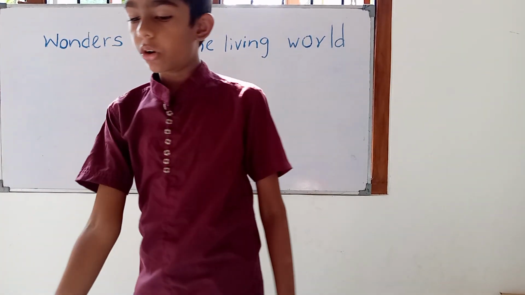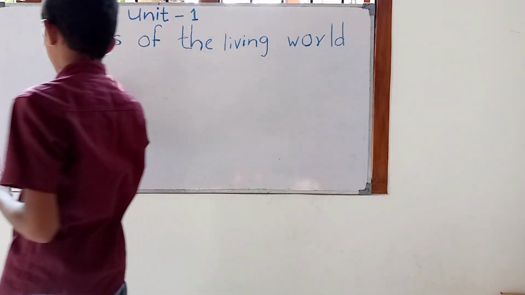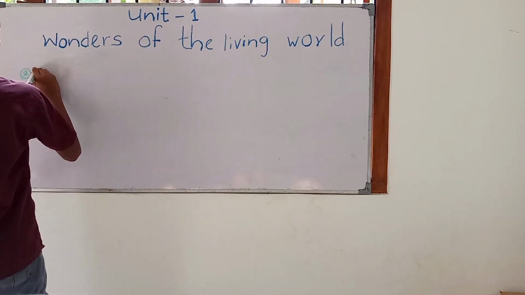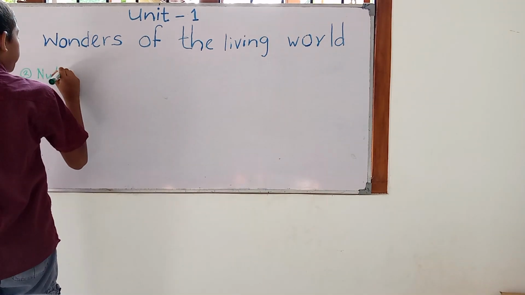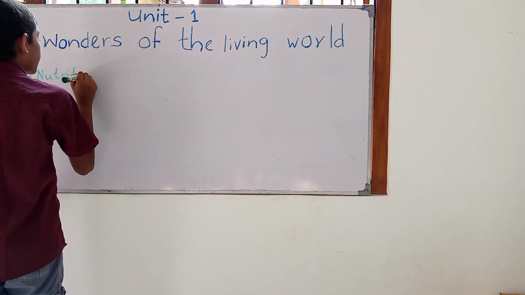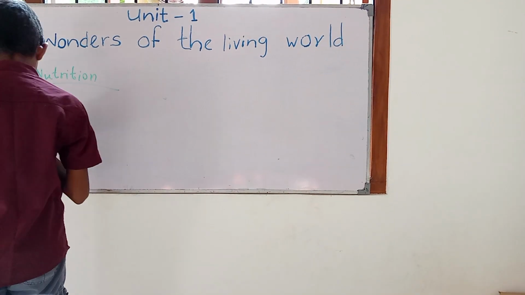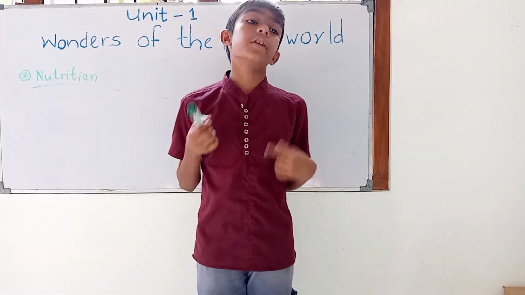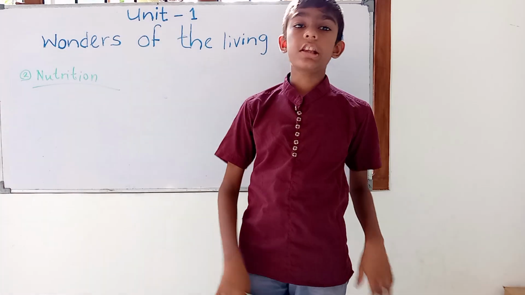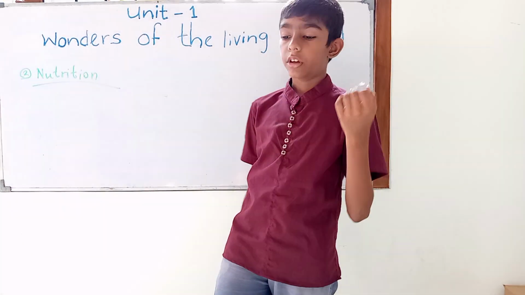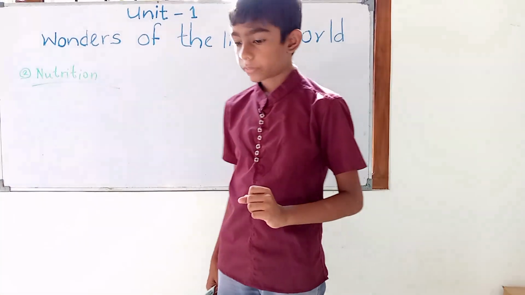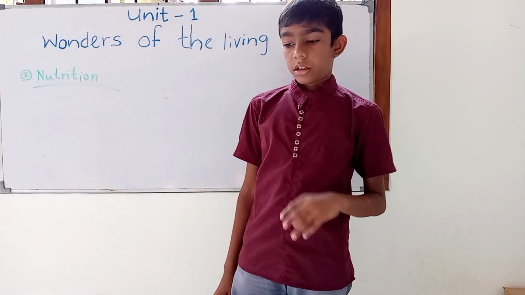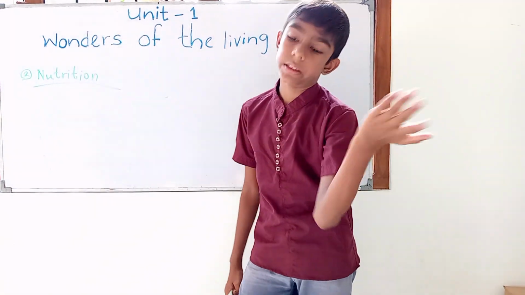Now, moving on to our second one, which is nutrition. Now, what is nutrition? Nutrition is the satisfying of food requirements for an organism. There are two types of nutrition methods.